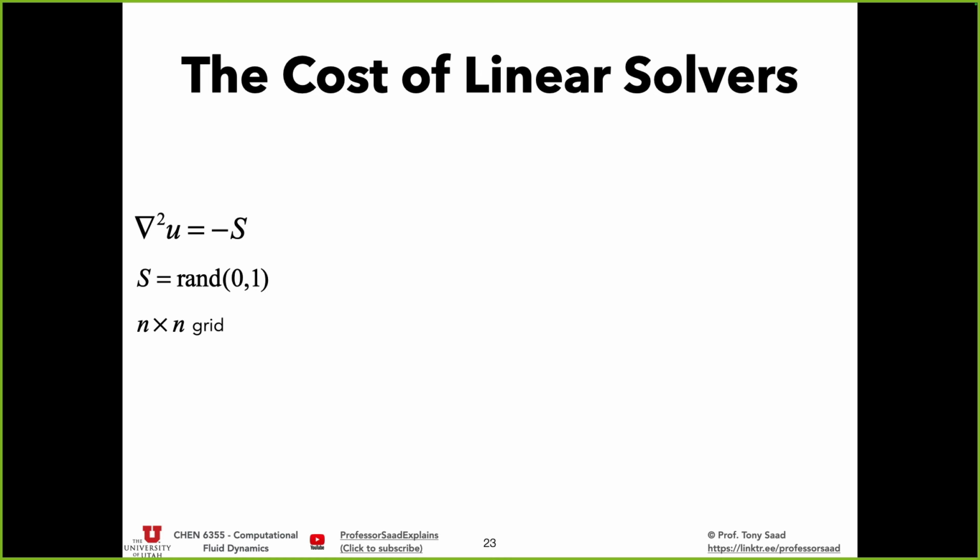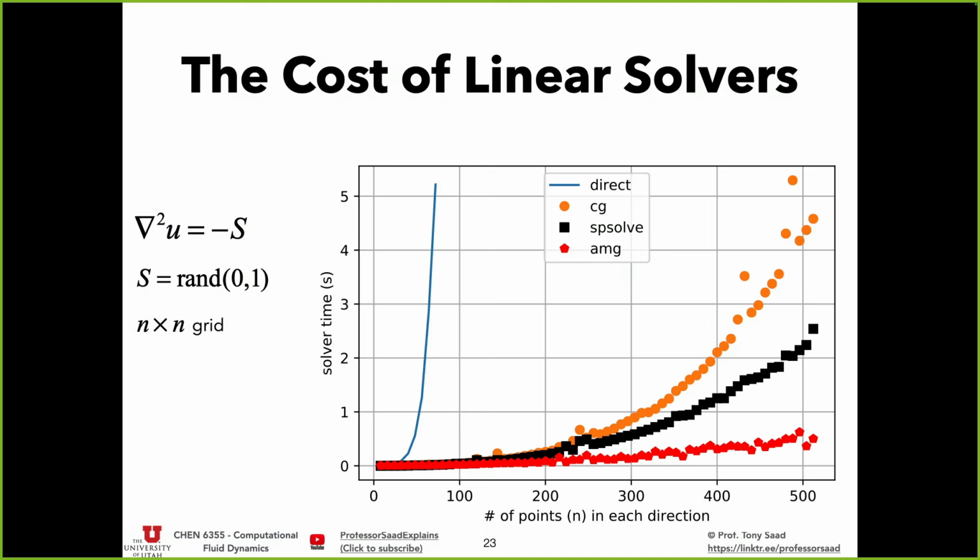I built that matrix and ran it with an inverse solver and a bunch of other solvers we're going to learn about. Then I plotted the time to achieve a certain tolerance versus the number of grid points. And this is what you get.